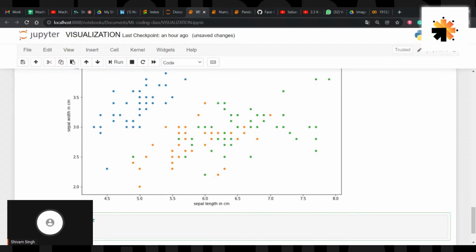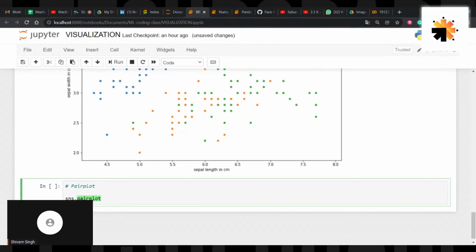So sns.pairplot, and then you need to pass the data over here. The data is nothing but iris. Then you need to pass the color, sorry, hue. I want to color on the outputs.